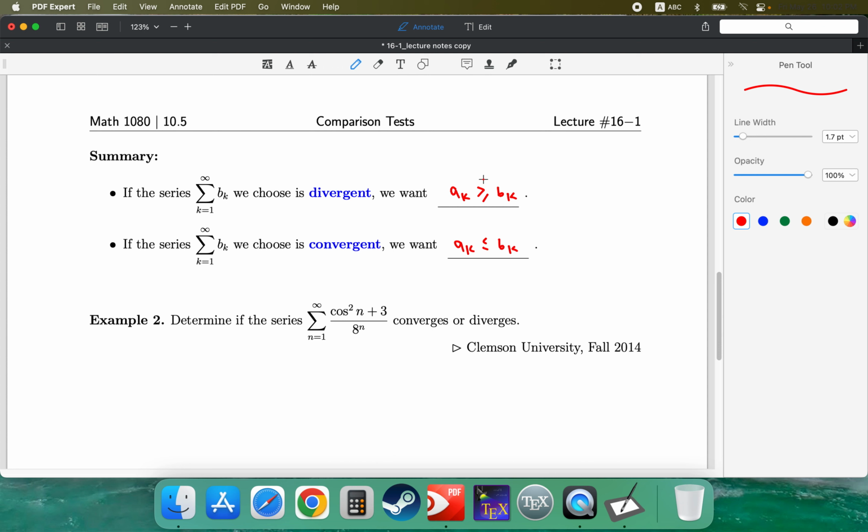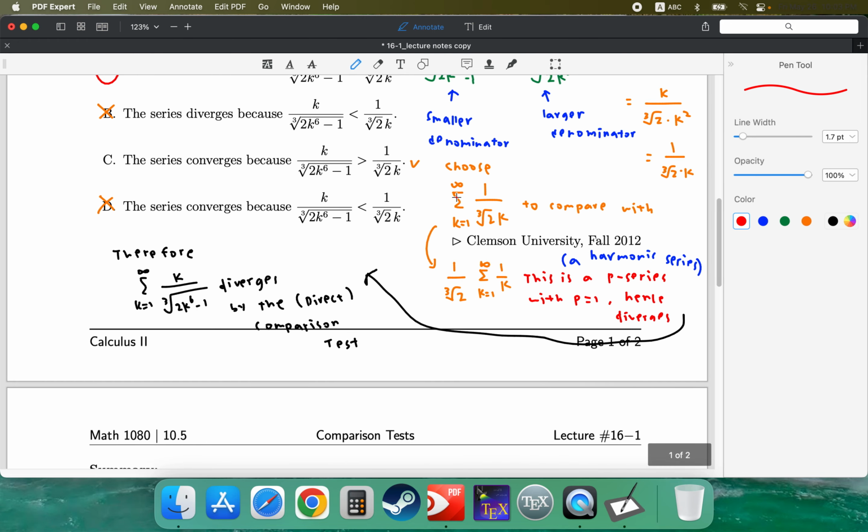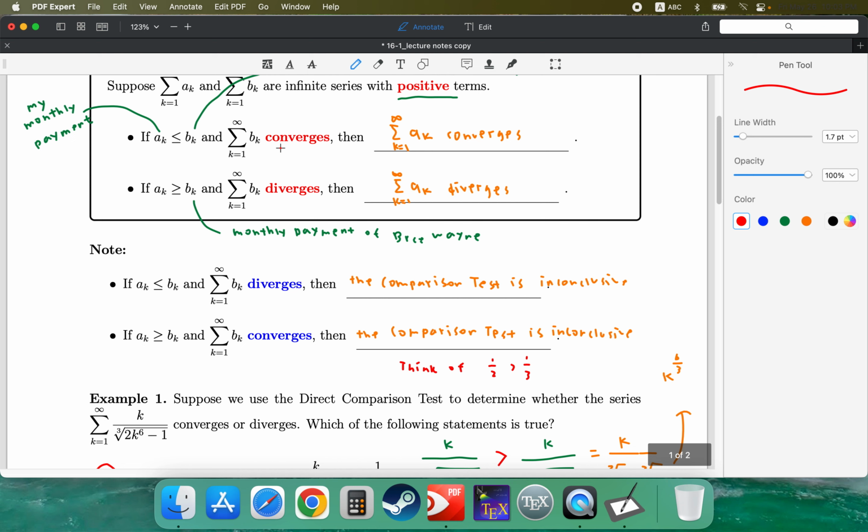Well, I don't really want to earn less than Peter Parker. What I mean is, in order to get a conclusion, I need to make less than Peter Parker, right? So the comparison test will tell me, you are super poor. Because if I earn more than Peter Parker, then the comparison test will be inconclusive. Does that make sense? So if the series we pick is convergent, then we want a_k to be less than or equal to b_k. If the series we pick is divergent, we want a_k to be greater than or equal to b_k.